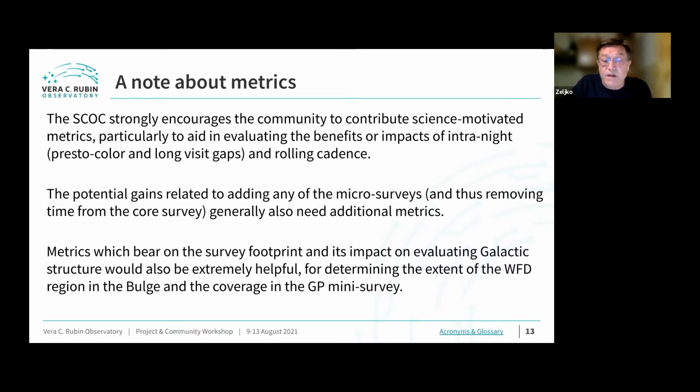regions, like in the bulge and in crowded regions of the galactic plane. That's where we still don't know exactly how deep we want to go and whether we need to do additional processing of data or not. This is still an open research area.